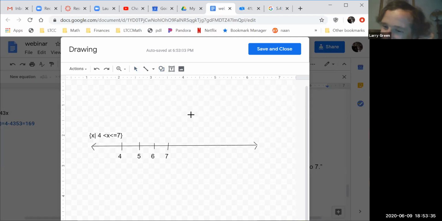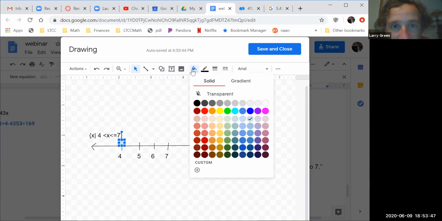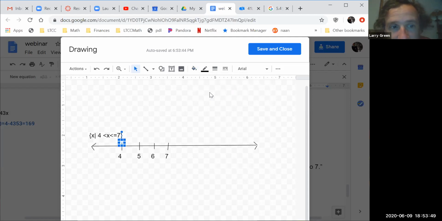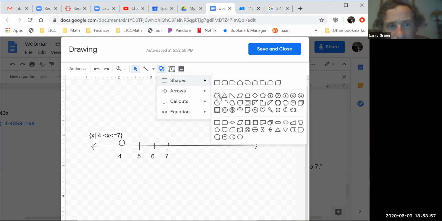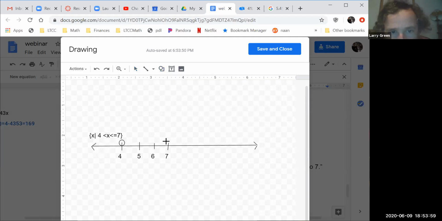Yeah, open dot. Open dot at 4. So we're going to do an open circle at 4, and we don't want it filled. And then we want a closed circle at 7.